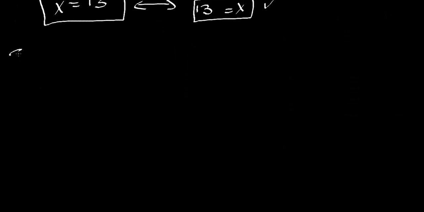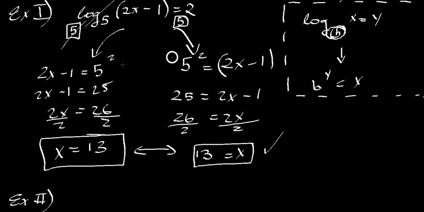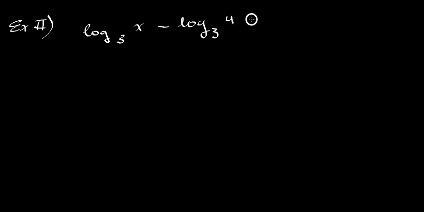Next example. In my next example, I'll maybe stick with this method because for some reason I'm used to this method. But actually, I'll use this one too for the next one, and then we'll see what happens after. Next one is log base 3 of x minus log base 3 of 4 equaling 2.